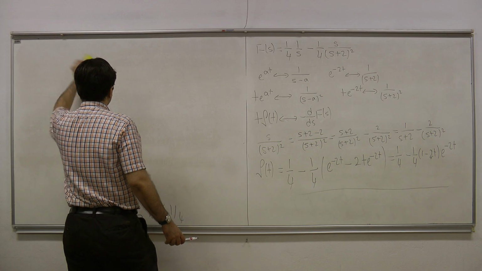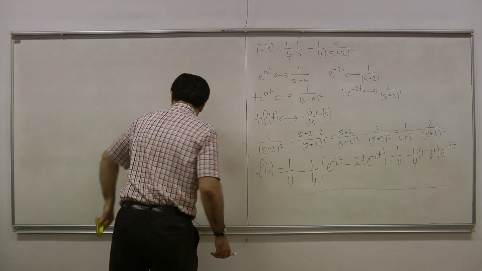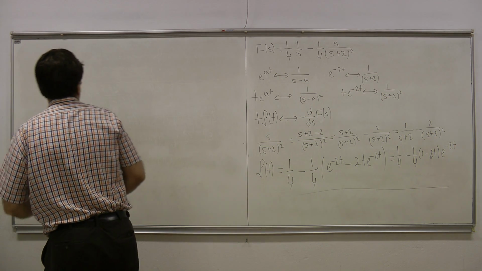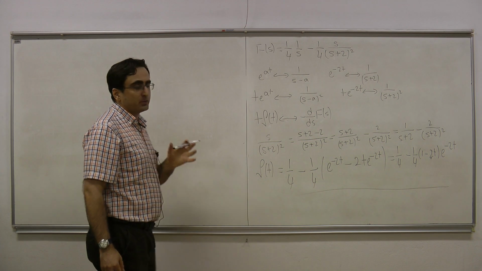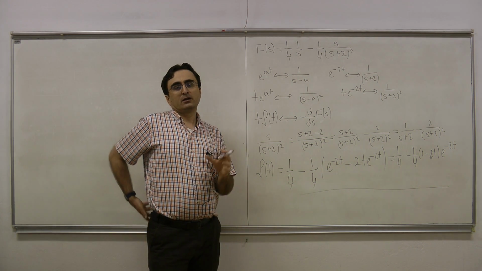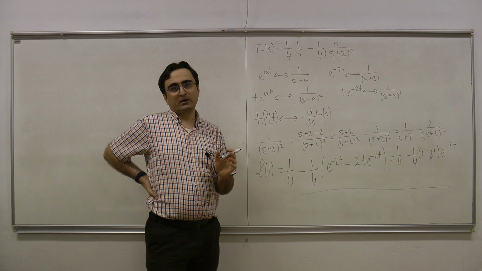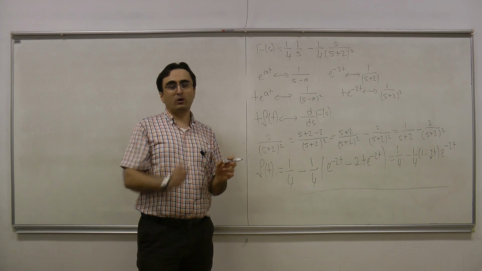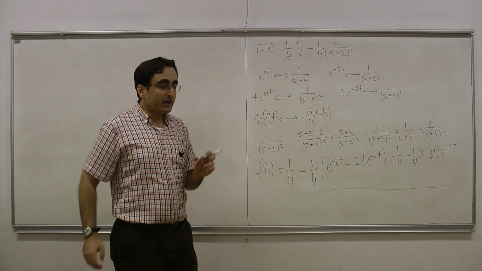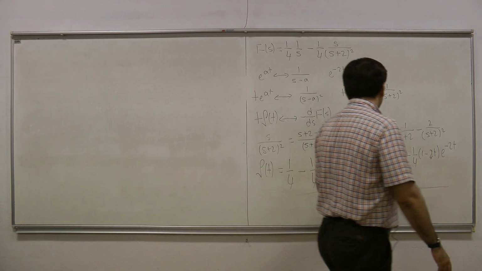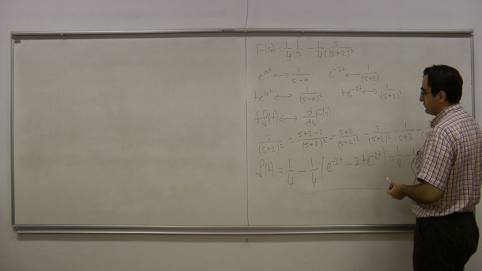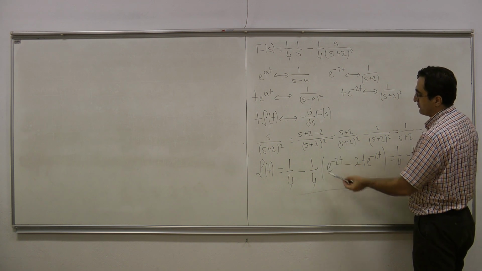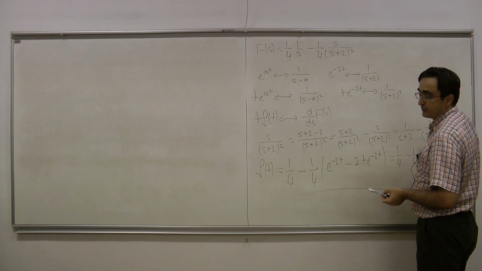So you see what happened here. I had a term s plus 2 squared in the denominator, and this s plus 2 squared, which is a double pole at s equals minus 2, brought not only t e to the minus 2t, but it brought also e to the minus 2t.